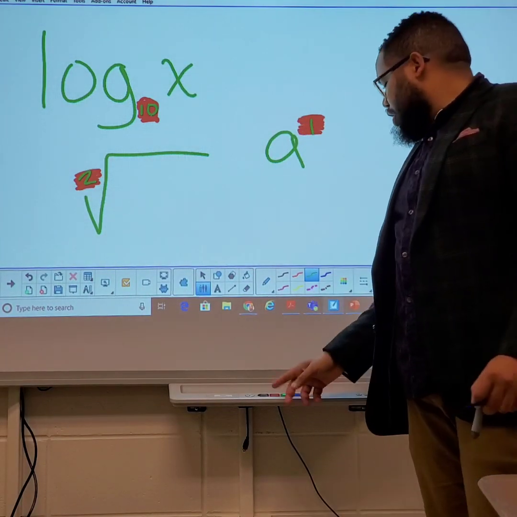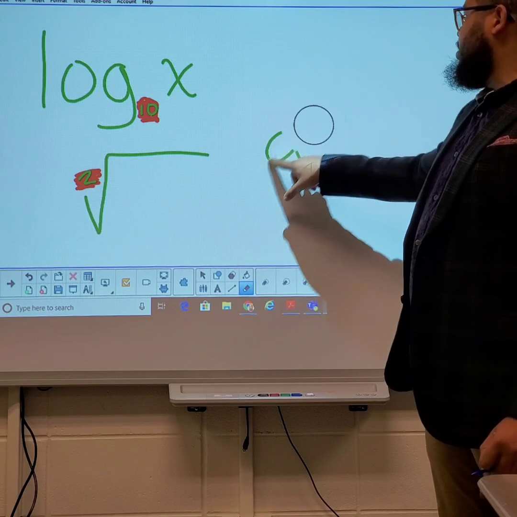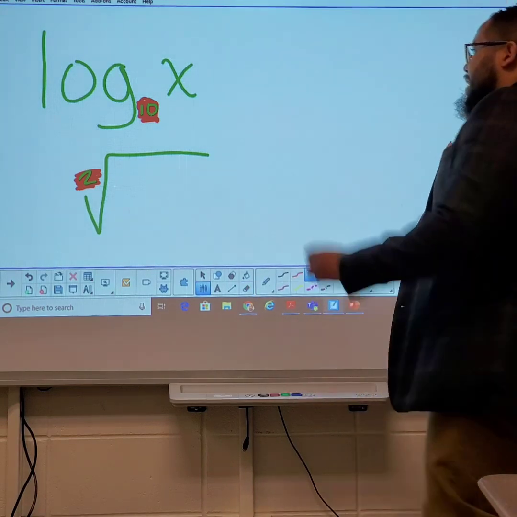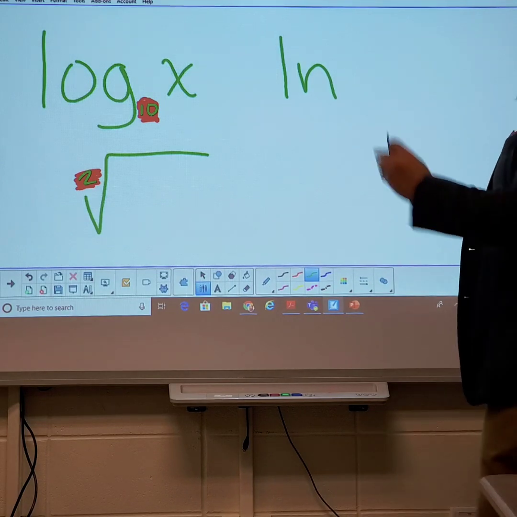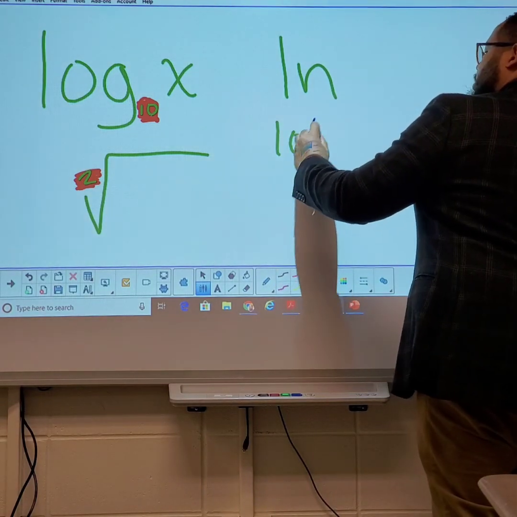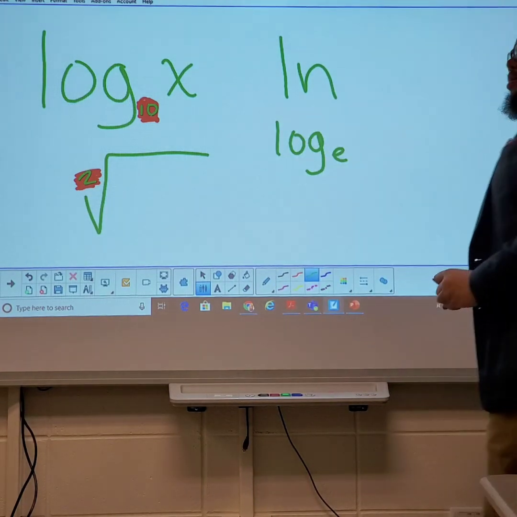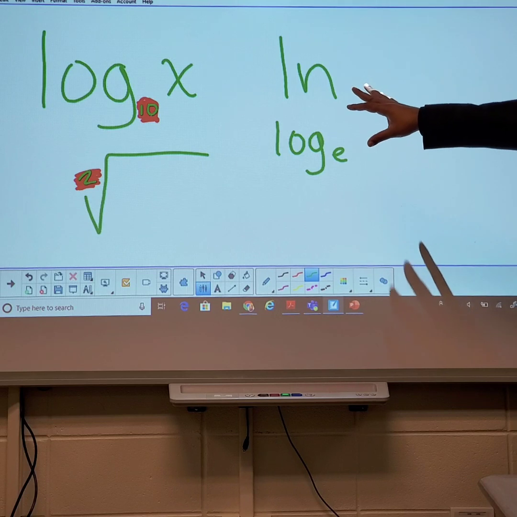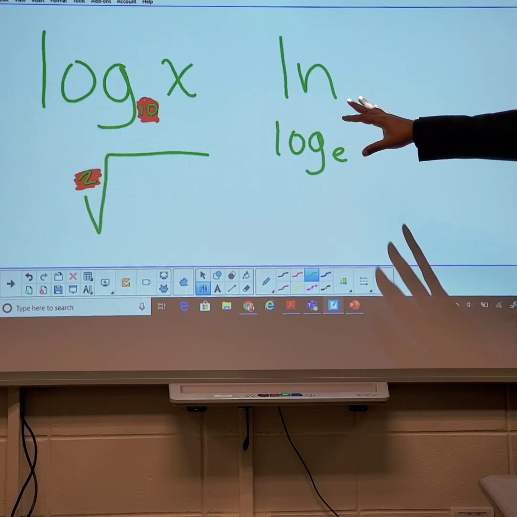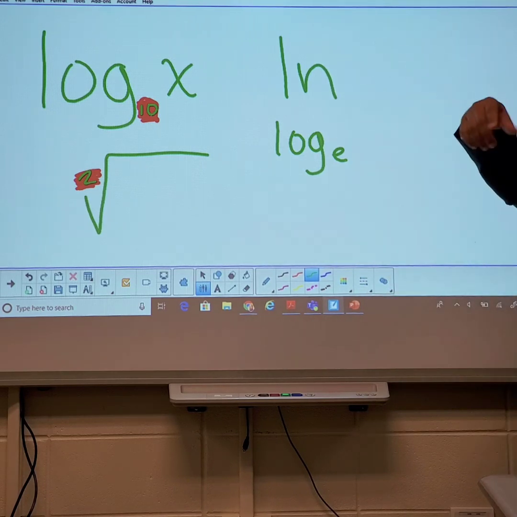The second thing you need to know is if I see ln, that is a fancy way of saying log base e. The same e that we use for continuous compounding, we use ln.